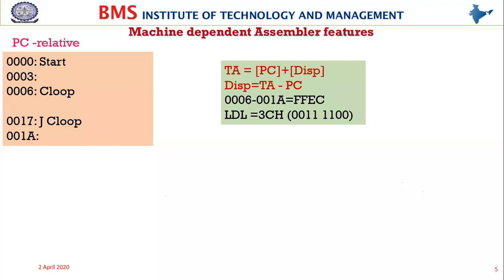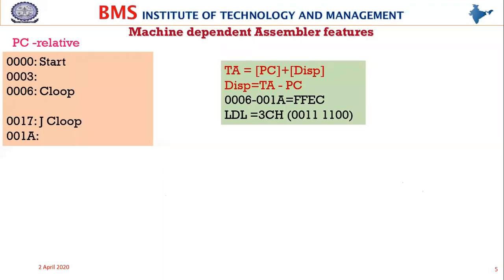And the LDL opcode is 3C hexa. So 3 is 0011 and C is 1100. Now we are supposed to truncate 2 bits of the opcode, so we'll be truncating the last 2 zeros.